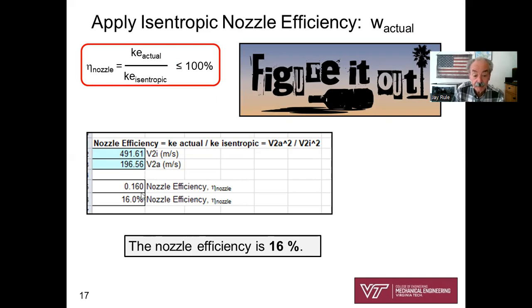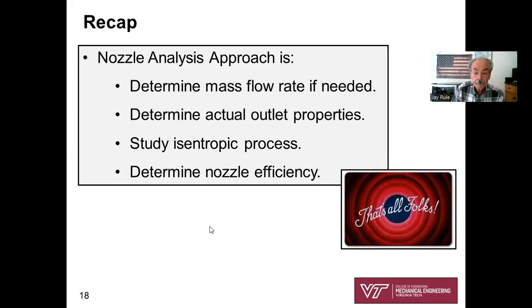And that's how we're going to come up with a nozzle efficiency of only 16%. Now, this is very realistic. This type of nozzle that's used for industrial cleanup, blowing compressed air around for cleanup purposes, nozzle efficiency very low, but it gets the job done.